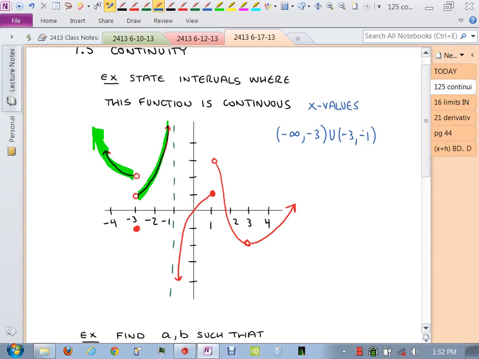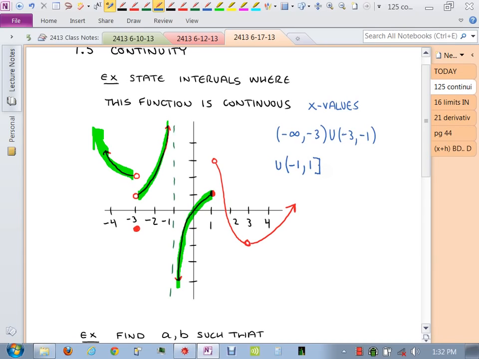So I have a discontinuity at -1, but what happens right after -1? My graph is nice and smooth, isn't it? Until I get to where? 1. So I should put union again from -1. Now, what do I put here? 1 with a bracket.